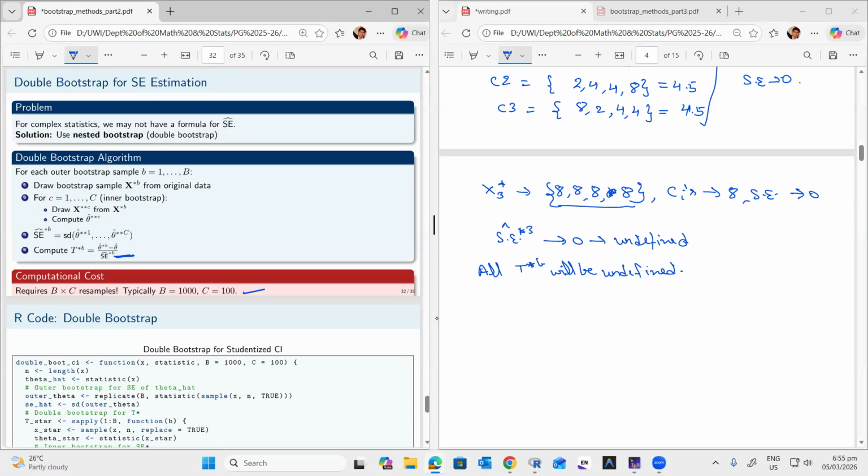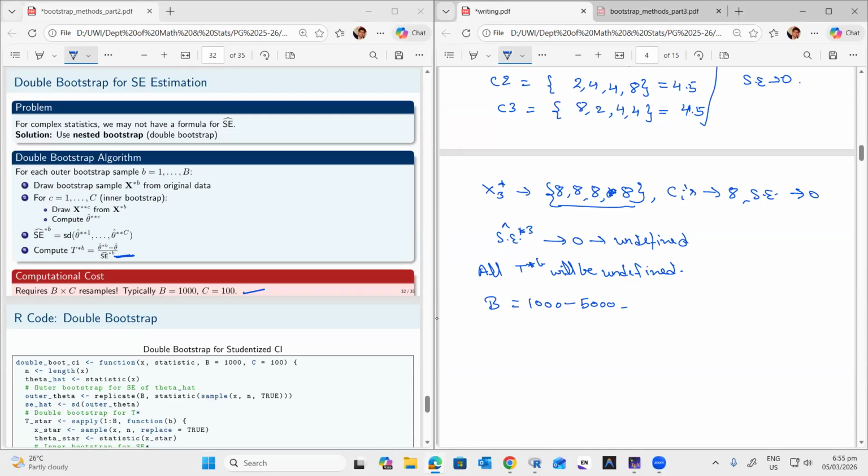All right. So the outer loop b should be around 1000 to 5000, first of all, because a larger b reduces the Monte Carlo error in the quantiles, and the inner loop c should be between 50 to 200.